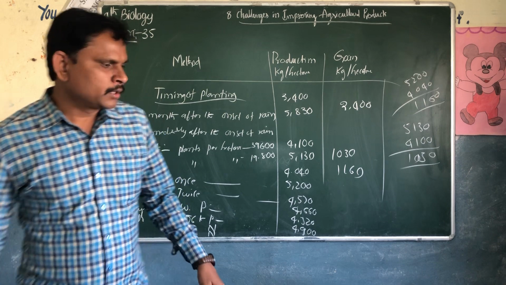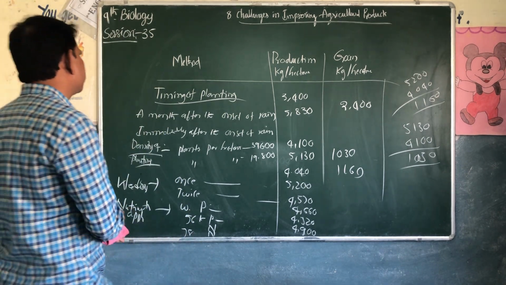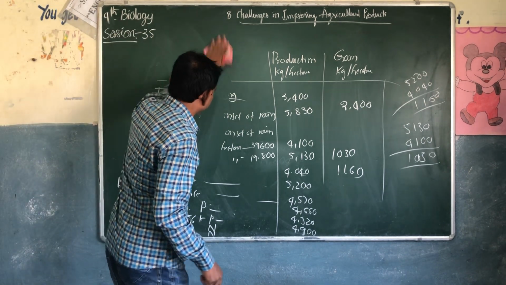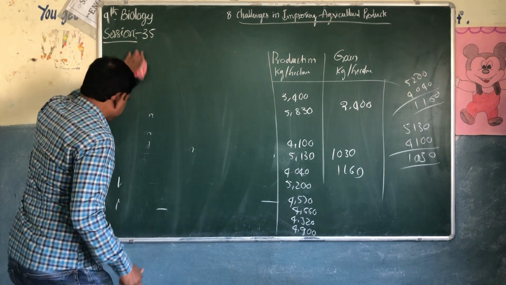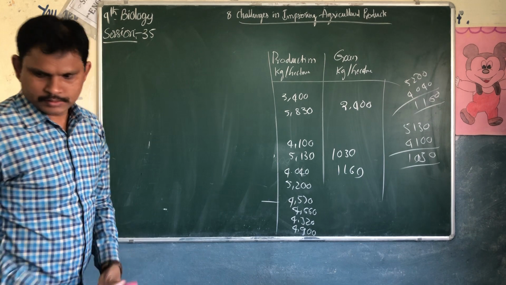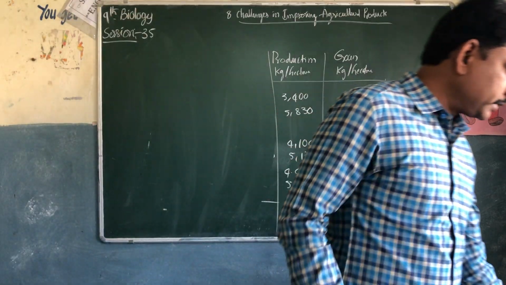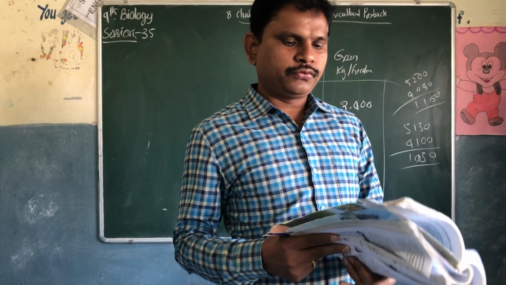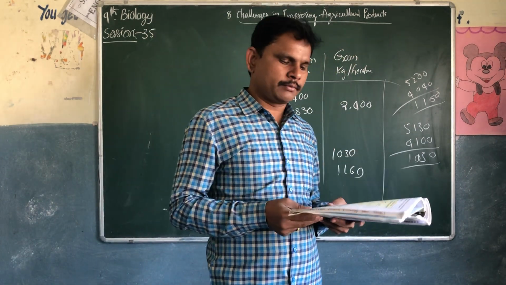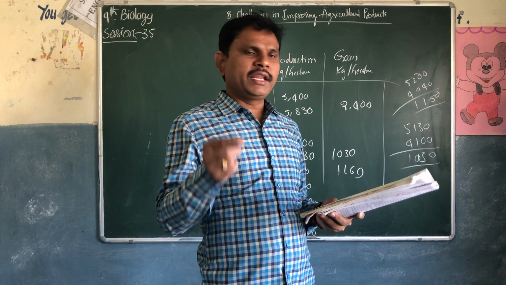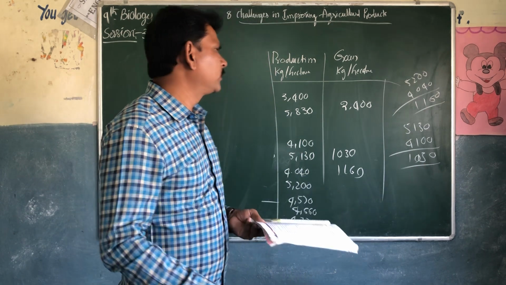Next one is improving high yielding crop varieties. There are some questions given in your textbook. How to increase the food production? I will read some of them.